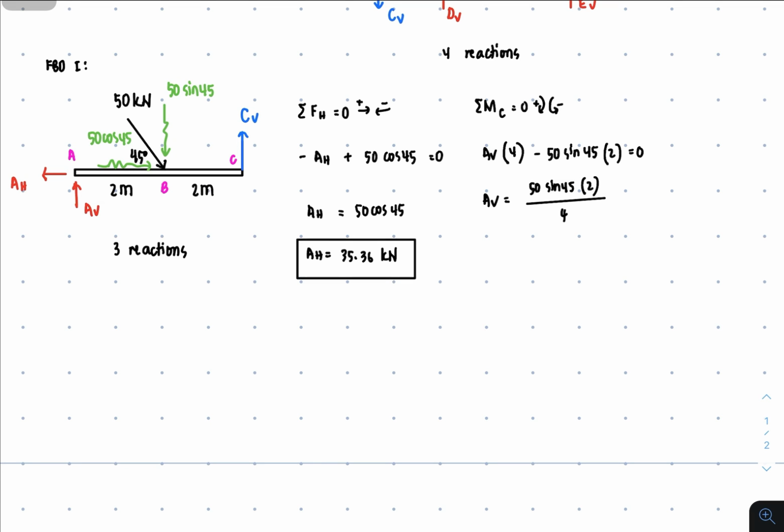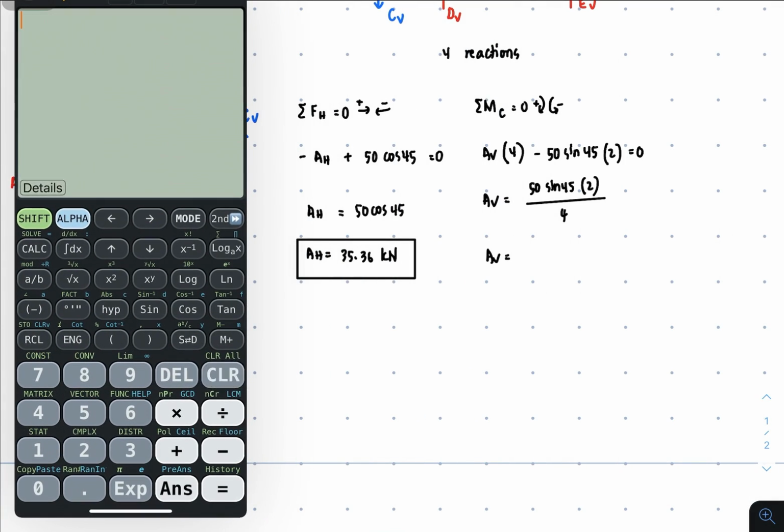So we are solving now A vertical. You get your calculator, and this is 50 sine of 45 times 2 divided by 4. So the answer is 17.68 kilonewtons. So this is our answer.